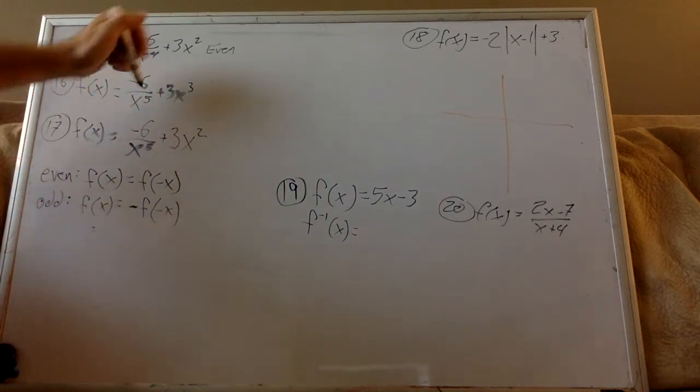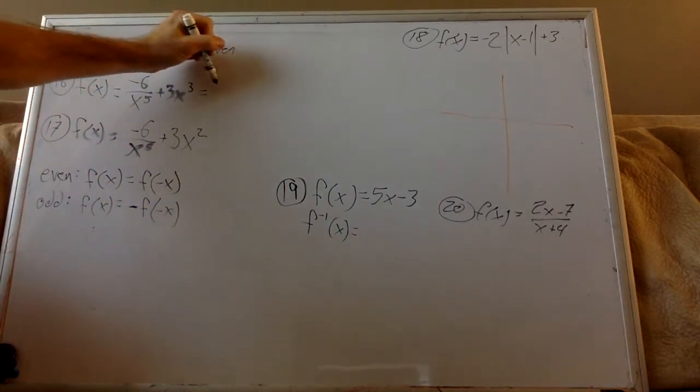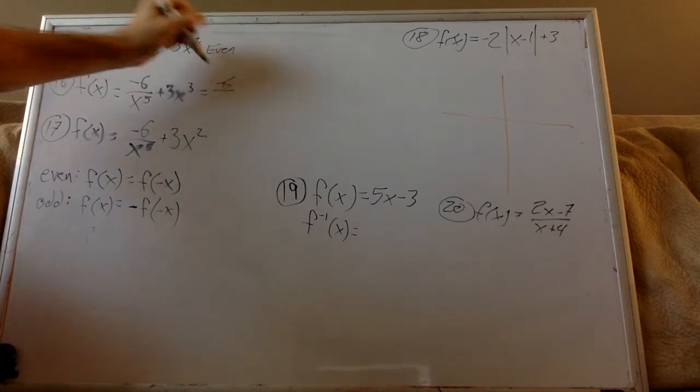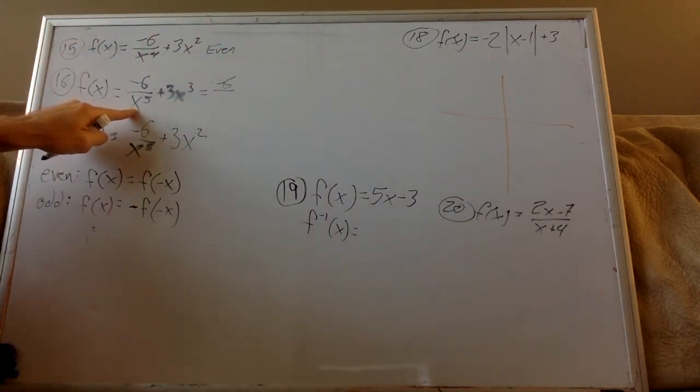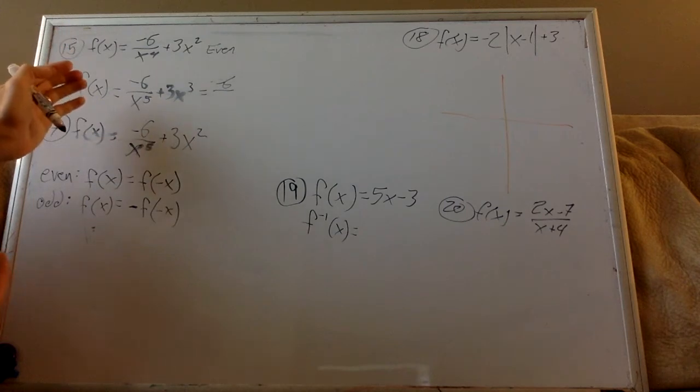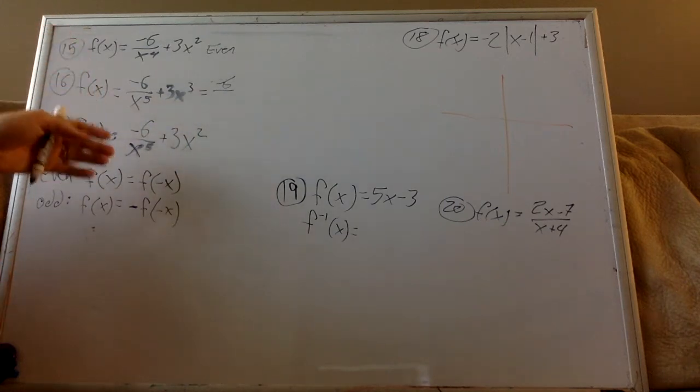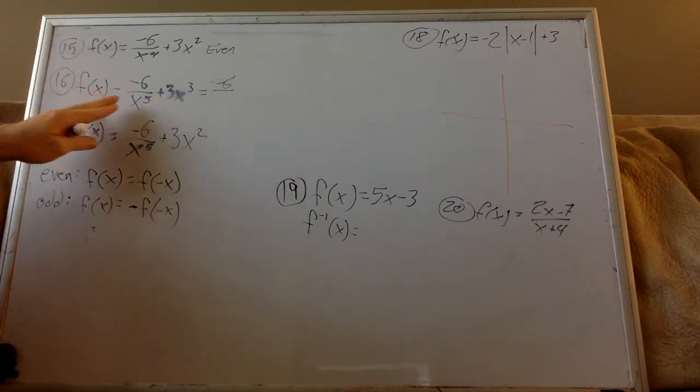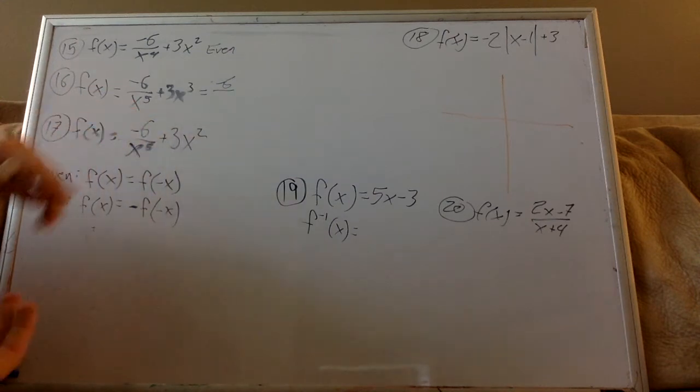Well, we talked about here how if I put in the negatives, I get -6, and then I get -x times -x five times. So -x times -x times -x times -x times -x.